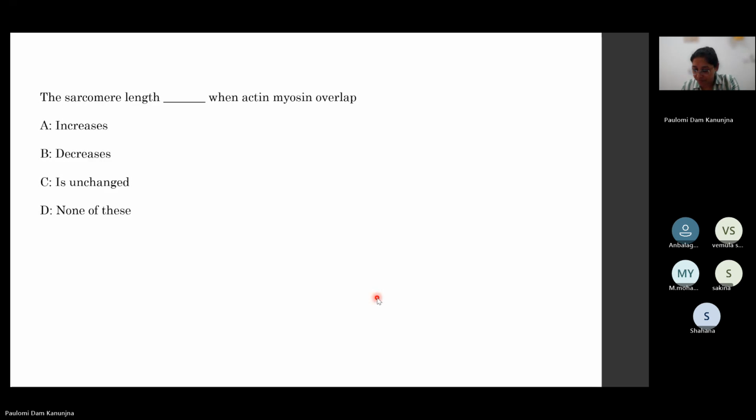It's very simple. So if a muscle is contracting, or if the sarcomere is contracting, what do you think will happen?